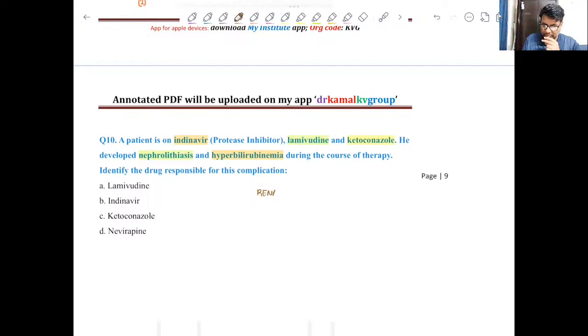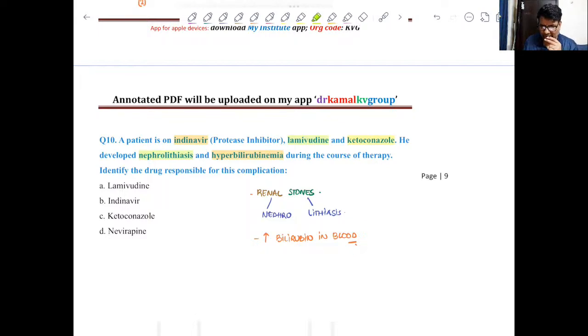So renal stones, clear? This is nephro and this is lithiasis. Also, he is having increased bilirubin in blood, that is hyperbilirubinemia. Now, out of these 3 drugs, we have to answer which drug is responsible for this type of complication.